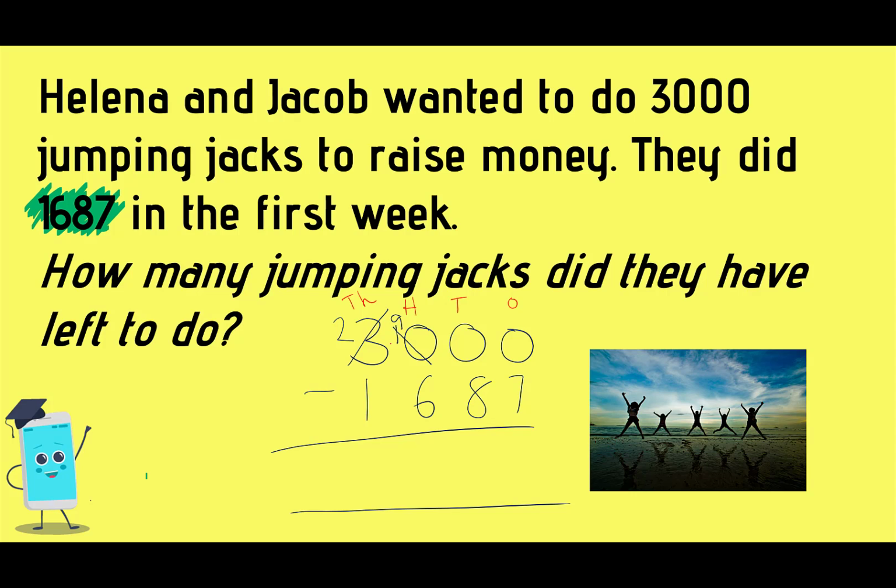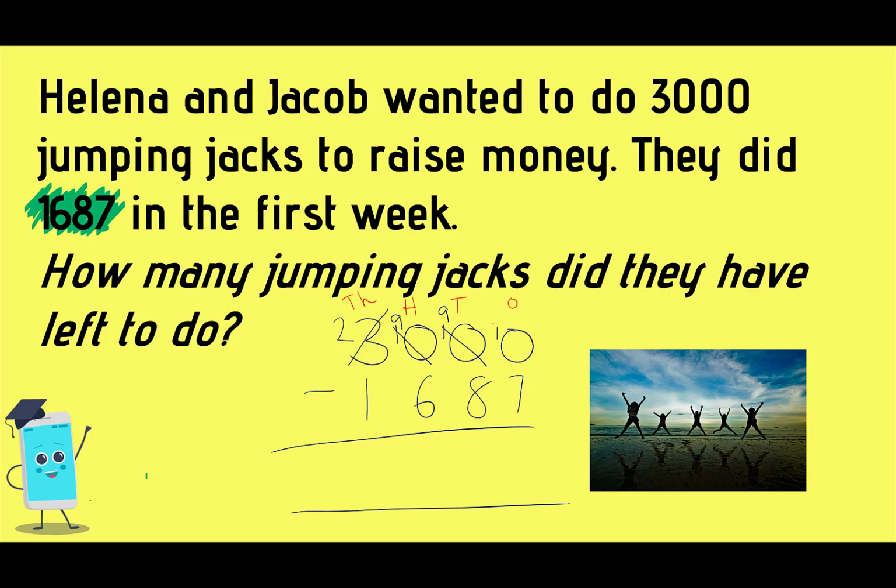That's going to become 900s. And I'm going to borrow 100 next to my 10. I now have 10 tens. I can borrow one from there now. So I cross it out and leave it as 9 tens. And I can bring my 1 ten over to my ones. I now have 10 ones.